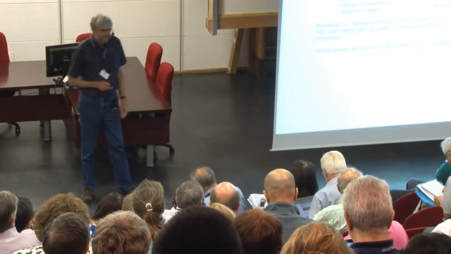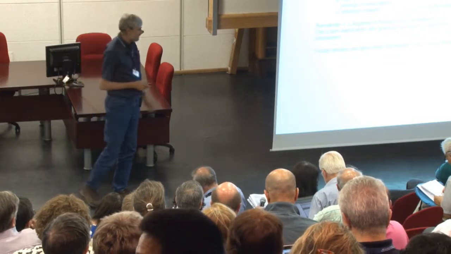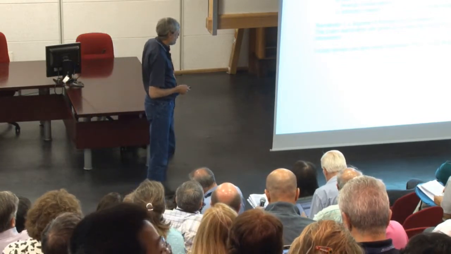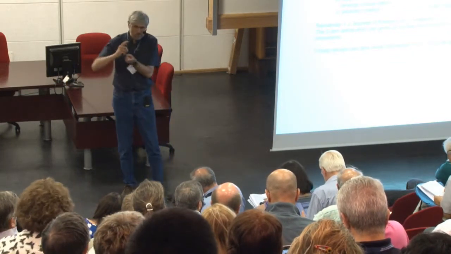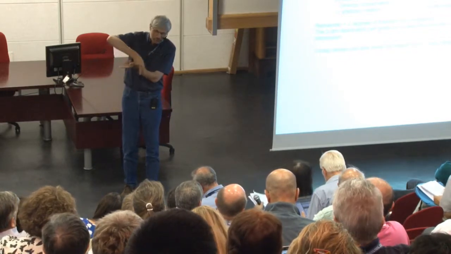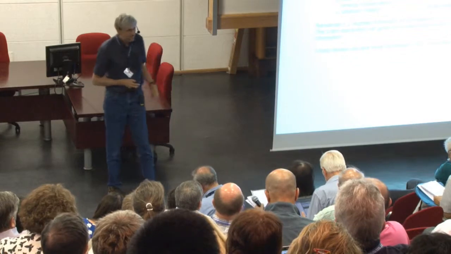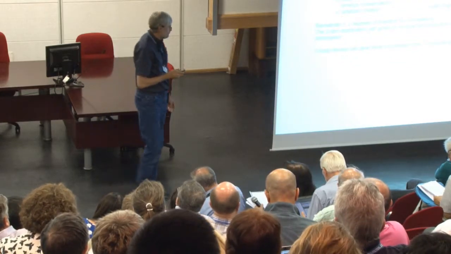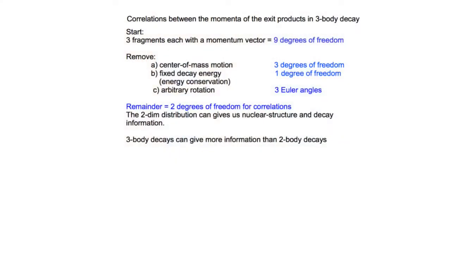The decay energy is fixed, so that's another degree of freedom, which gives us 5. If we have some arrangement of the 3 momentum vectors and then we arbitrarily rotate it, that's basically the same, so we're not interested. There's 3 Euler angles to describe that arbitrary rotation. We're not interested in that. So that just leaves us with 2 remaining degrees of freedom to describe the correlations.